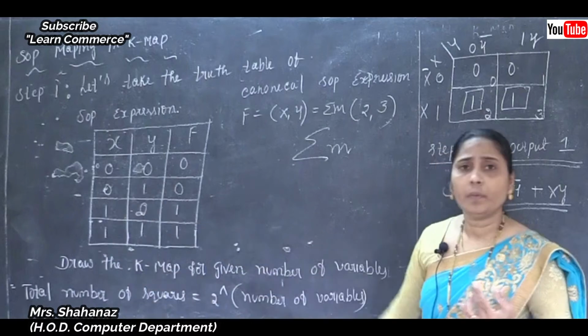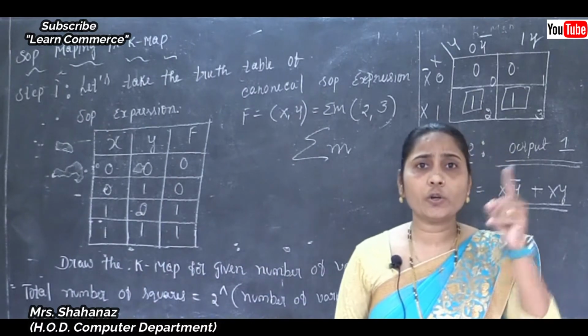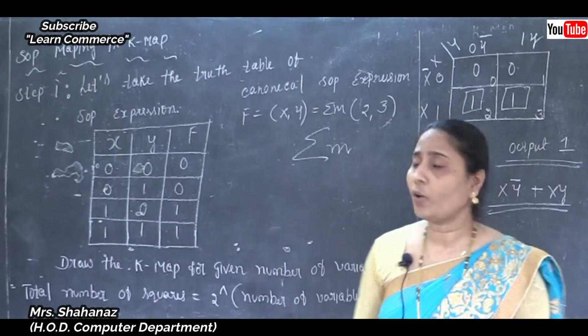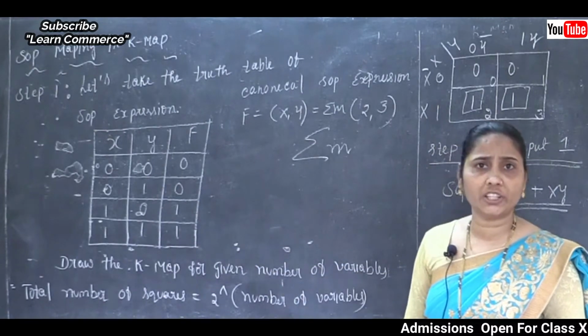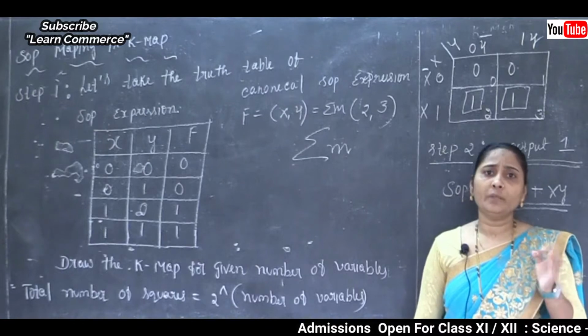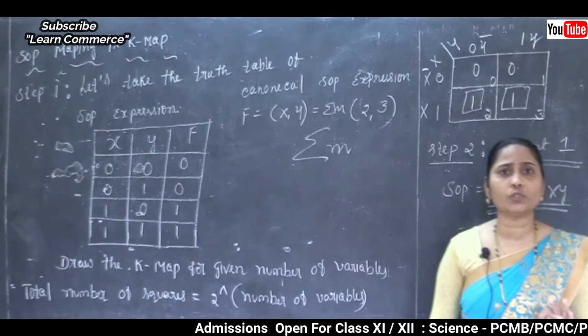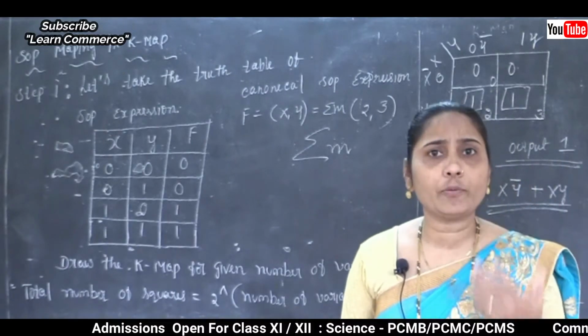For the first column the values are 0 0 1 1, and for the second column 0 1 0 1. We can't change the rules; based on the rule we need to take the values for 2, 3 and 4 variables.